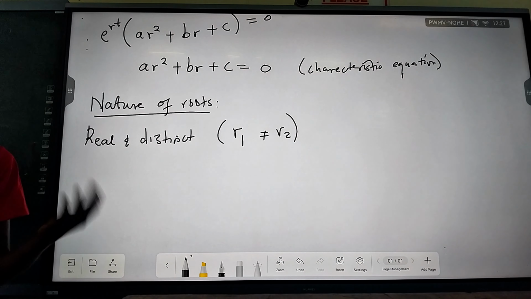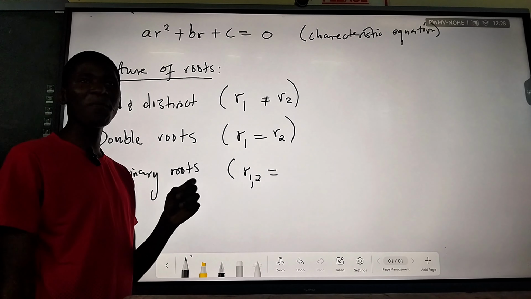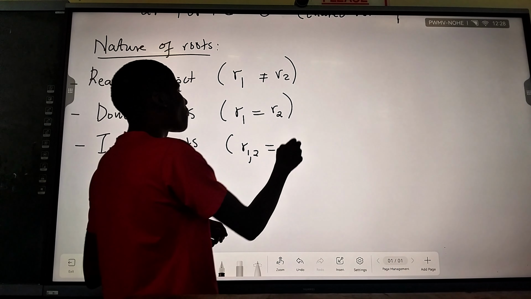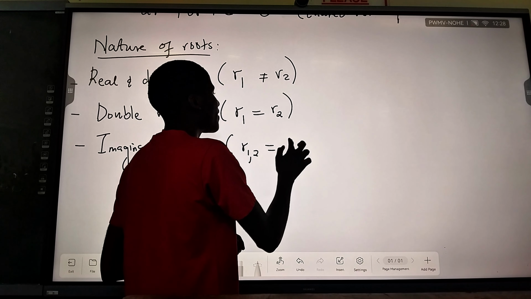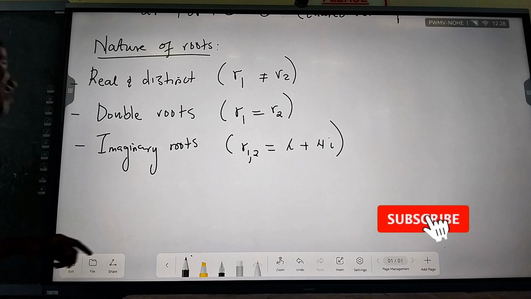And then if they are imaginary, no matter they are complex, no matter they are non-real, the roots R1 and R2 are imaginary numbers, are complex numbers actually. So it means they've got an imaginary part and a real part. Maybe write that as lambda plus mu i.